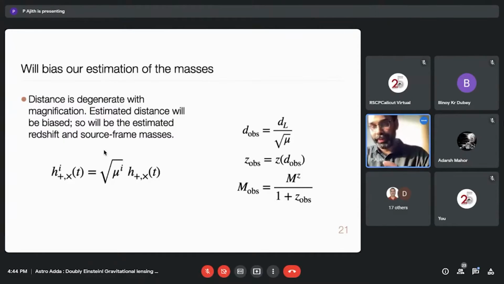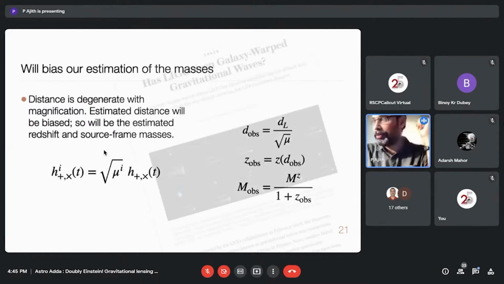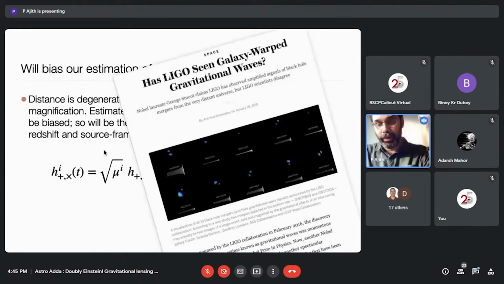And if you want to measure the true mass of the black hole that produces gravitational waves, one has to take into account this cosmological redshift also. So just to summarize, if a signal is actually magnified, and if you do not know that, we would overestimate its mass. And there are people who argue that these heavy black holes that we have seen in LIGO and Virgo are nothing but gravitationally lensed signals.